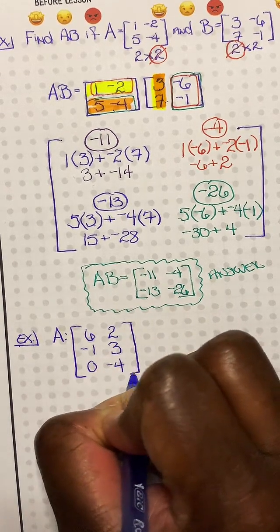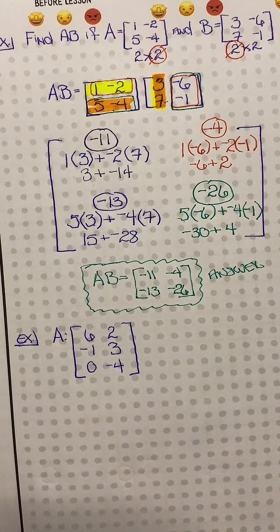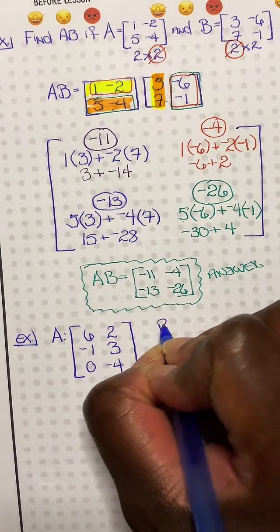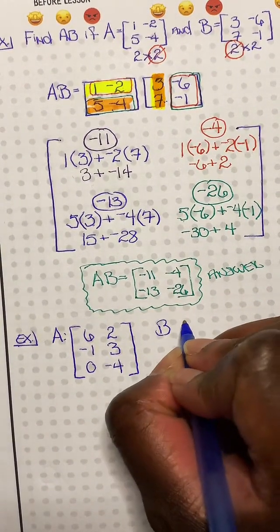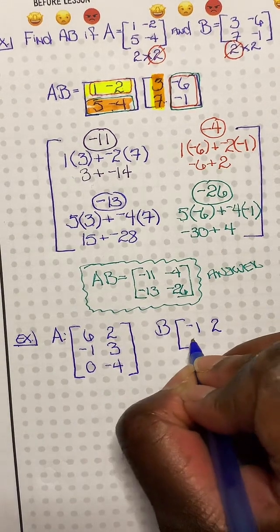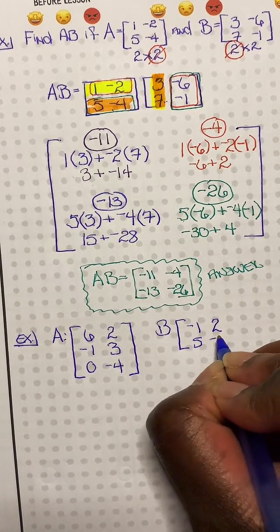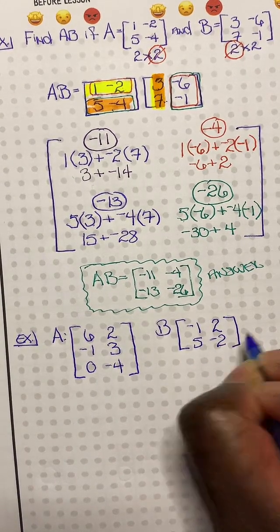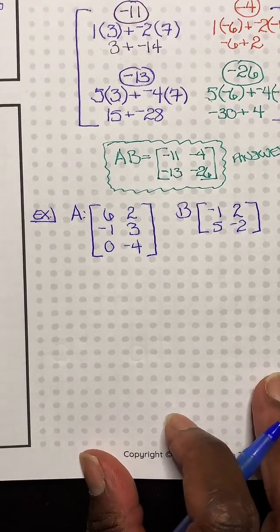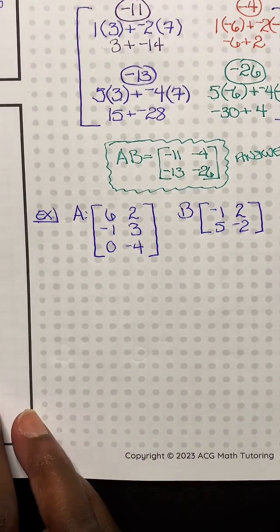So that'll be matrix A. All right, matrix B: we're going to have -1, 2, 5, -2. And we want to find AB.